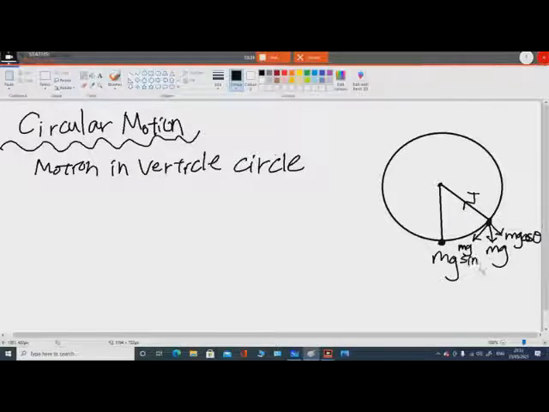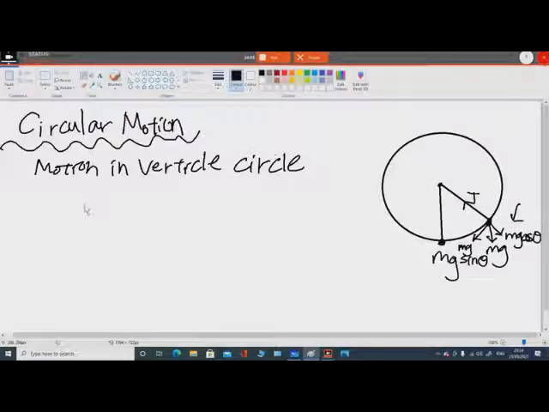After resolving the weight into vertical force and horizontal force, this one will be our vertical force, which is in the same line as the tension produced from the string, but with opposite direction.